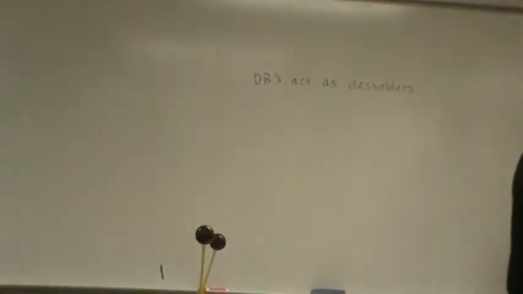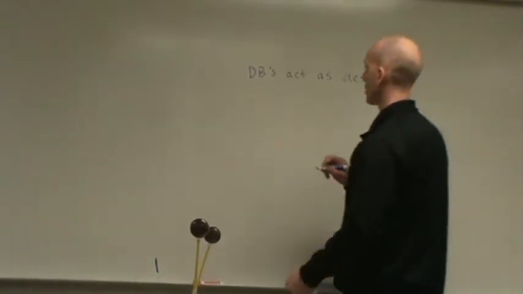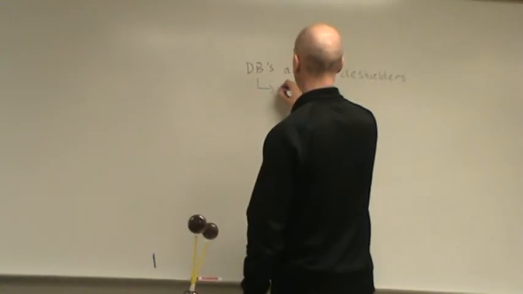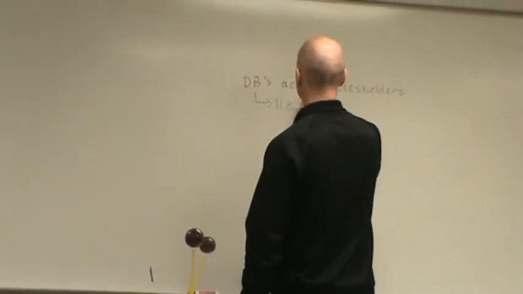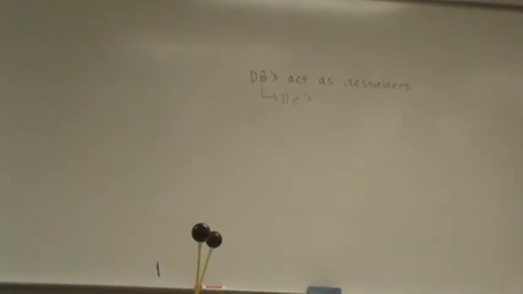What we're going to look at are double bonds, that these can act as deshielders. In particular, part of the double bond will be the pi electrons, but we'll just say double bonds because pi electrons are part of the double bond.